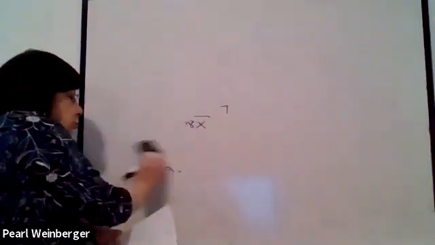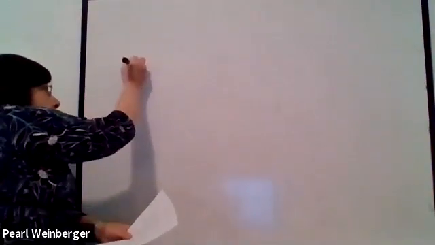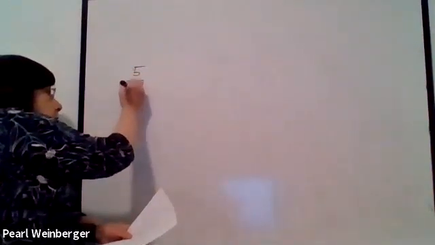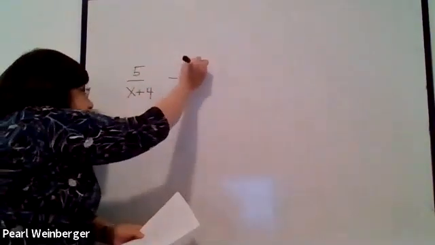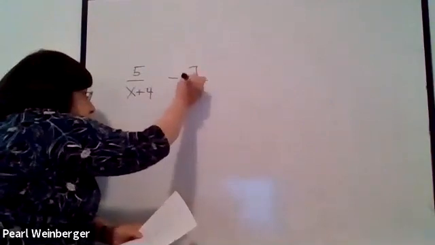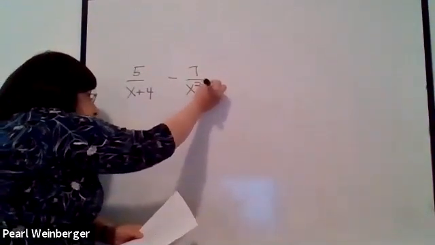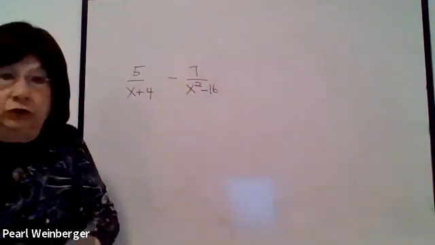I think I'll just do one more question. Suppose I gave you this, 5 over x plus 4 minus 7 over x squared minus 16. Suppose I wanted to combine these two fractions.